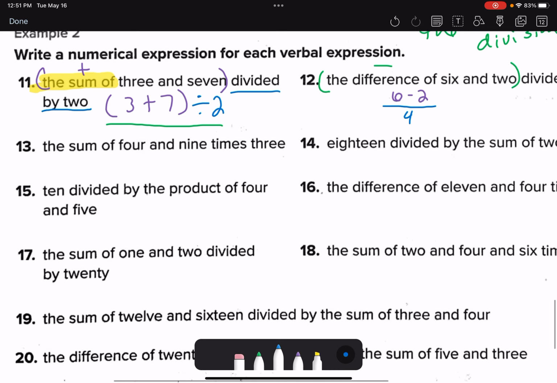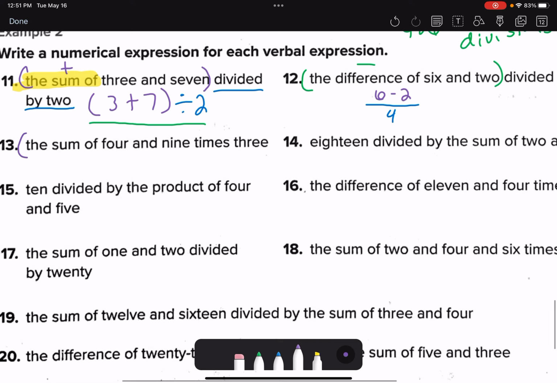Okay, let's do one more. The sum of what? That indicates parentheses. 4 and 9. That means plus. The sum of 4 and 9, so I'm going to put parentheses here, 4 plus 9, and then times 3, that means multiplication on the outside. Now, do you see how there's parentheses?